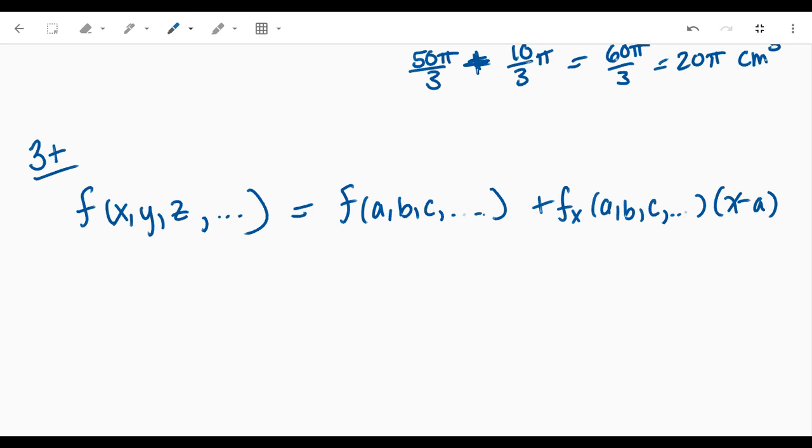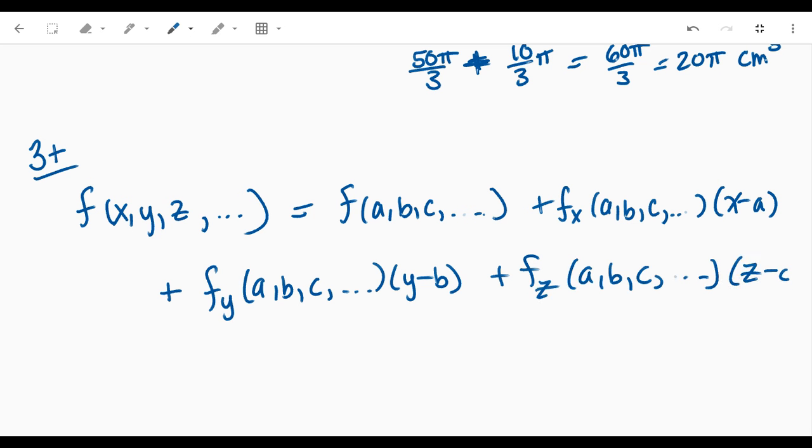So it's just take the formula and apply it with more variables. And we could write that with some different notations there.